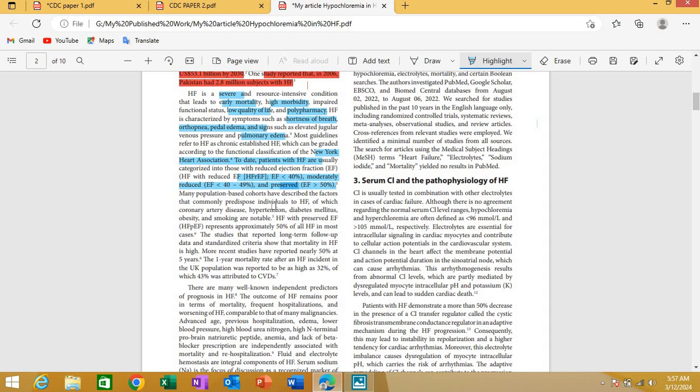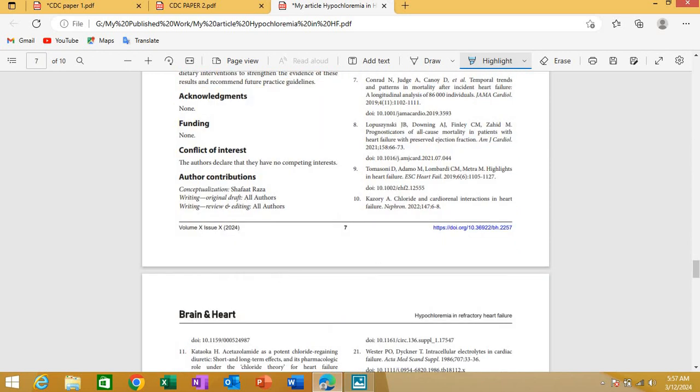So in this whole second paragraph, I'm just talking about the things that are already well established in the literature. That means they are well known in the literature.